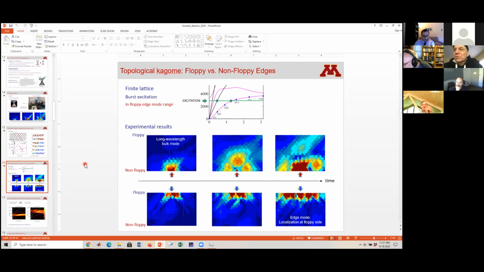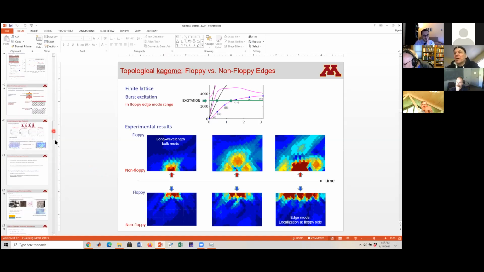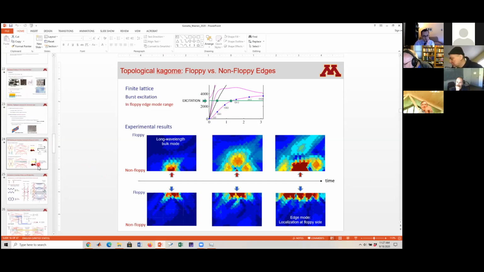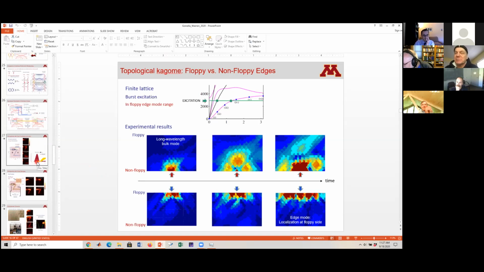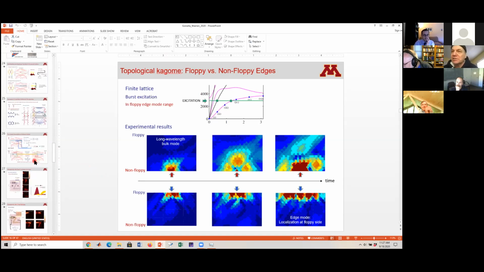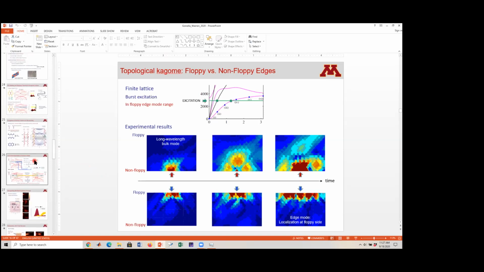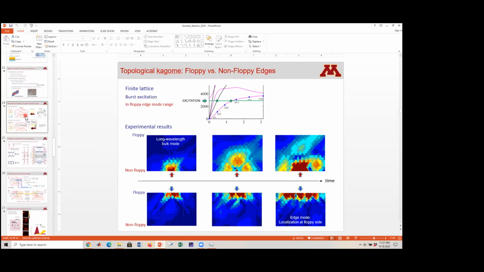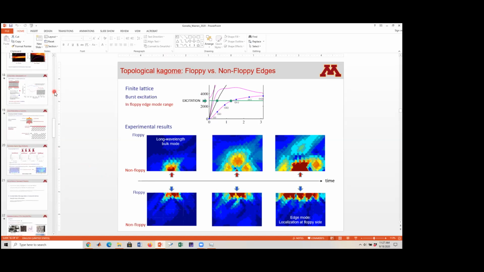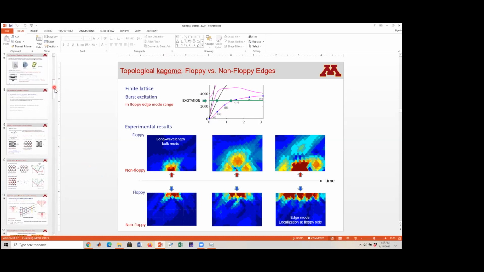Okay. So, Stefano, I think I have a question too. Yes. So in the second part of your talk, when you talked about the valley Hall effect, you talked about having a specific recipe for designing the metamaterial. And I wanted to go back to the first part with the floppy versus non-floppy edges and see, are there specific recipes that you can arrive at to actually build these metamaterials that will demonstrate that?